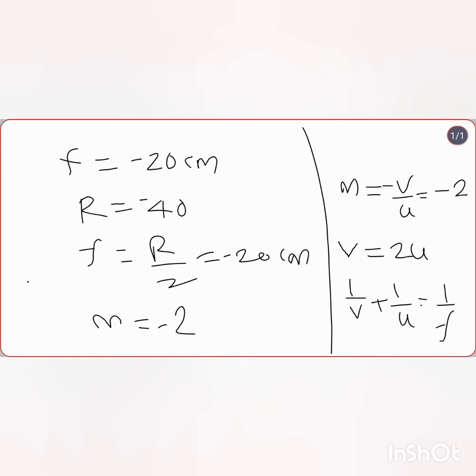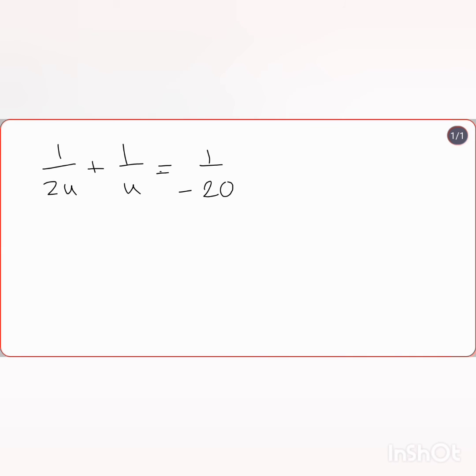Using mirror formula, 1 by v plus 1 by u is equal to 1 by f. We get the equation 1 by 2u plus 1 by u is equal to 1 by minus 20. Using cross multiplication we get u, that is the object distance, u is equal to minus 30 centimeter.